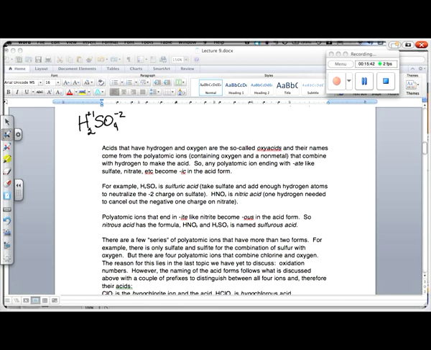Well, when you take sulfate and make it into an acid, because this ended in ate, then the acid ends in ic. So it becomes sulfuric. Okay?